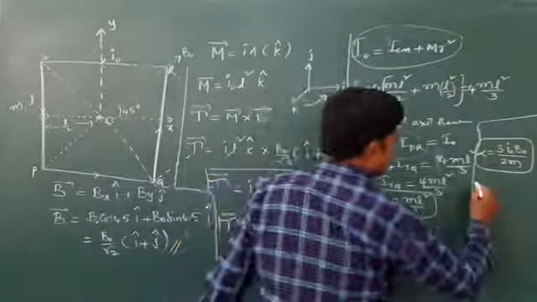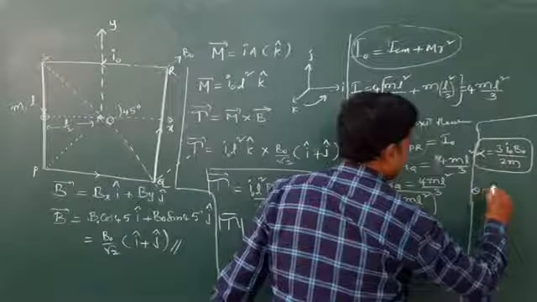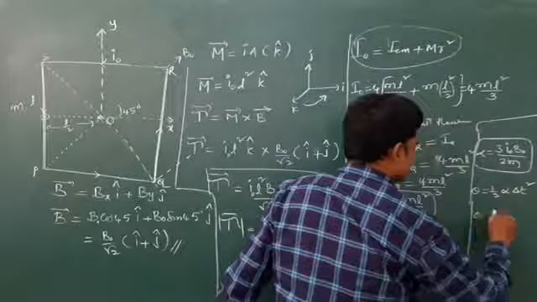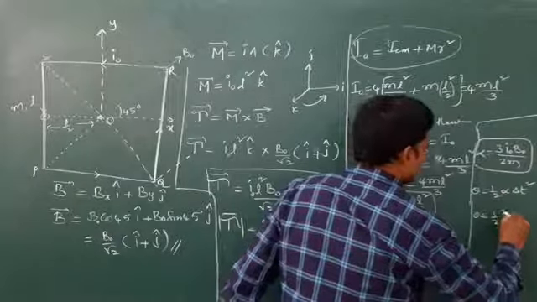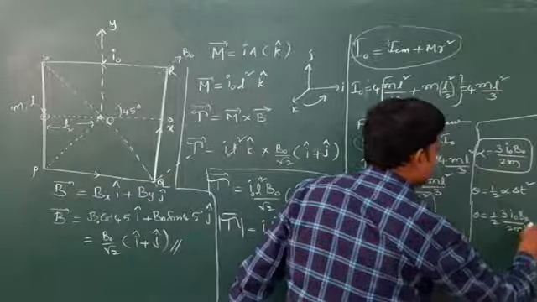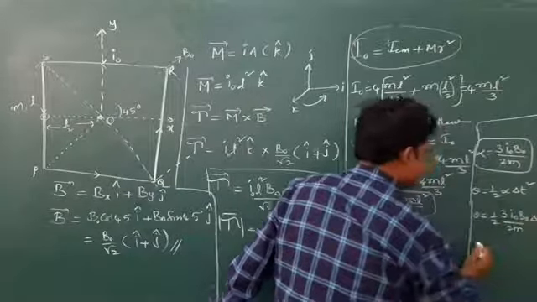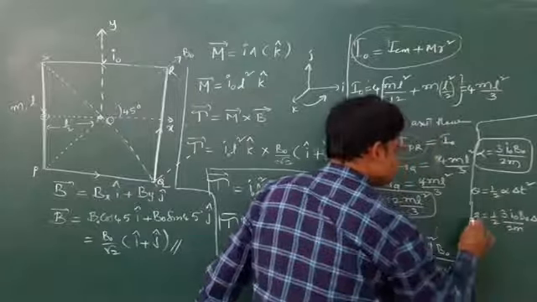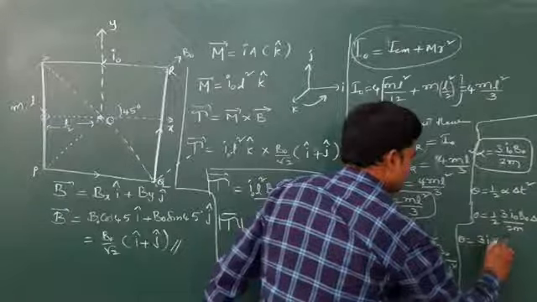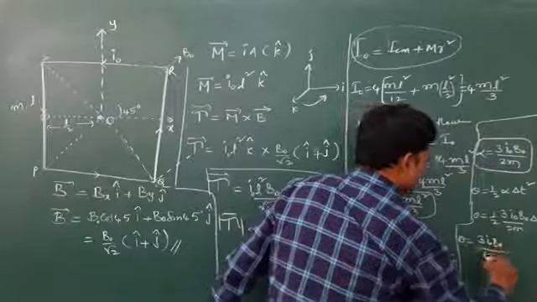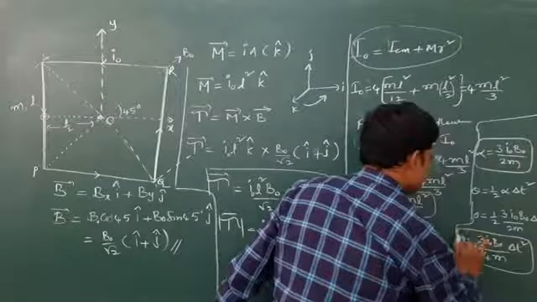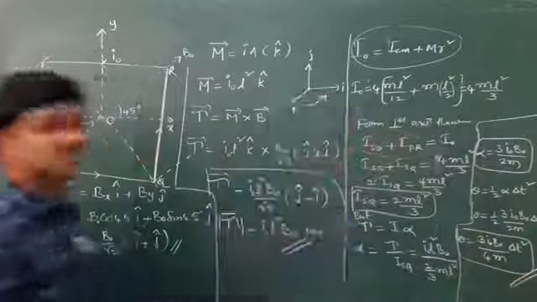And the angle rotated by the coil, theta, is equal to half alpha delta t square. Theta is equal to 3 I naught B naught by 2m delta t square, and finally theta is equal to 3 I naught B naught by 4m delta t square. So this is the answer for this question.